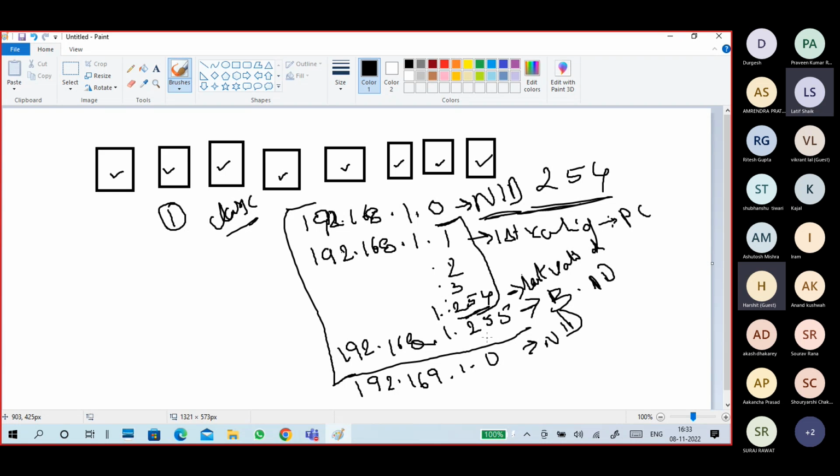We cannot assign IP address 255. Okay, guys, understand this range.